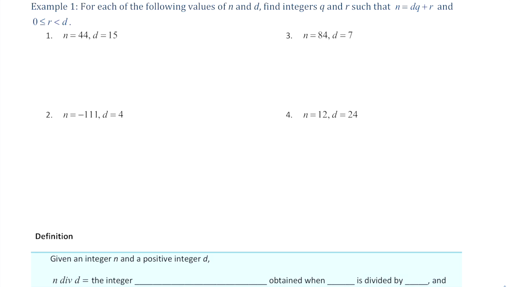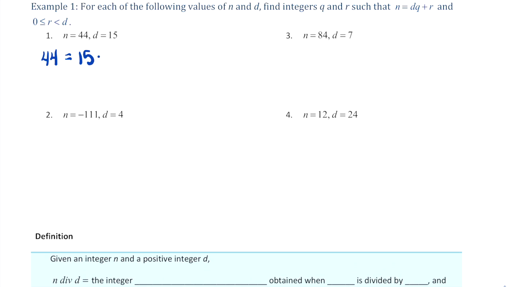So in these, we just want to write them in the format where we've got N is equal to D times Q plus R, and remember that R and D are set to be positive, and R could be 0 as well. So, all right, in this one, 44 equals, our divisor D is 15, and we want to write this as a product plus some remainder, right?